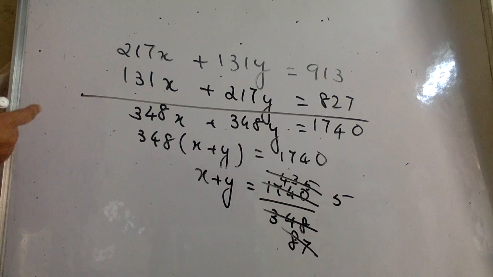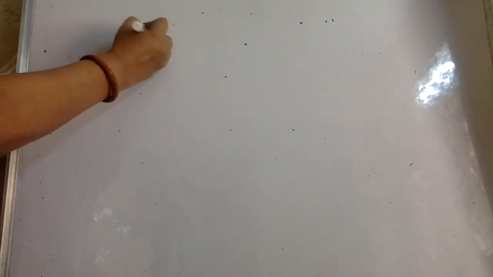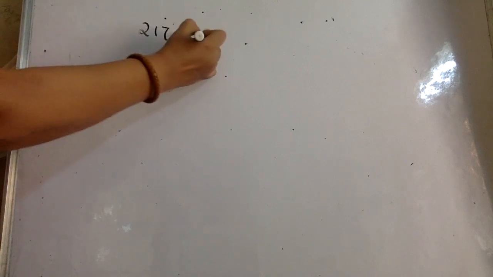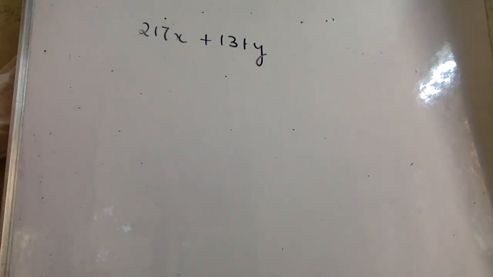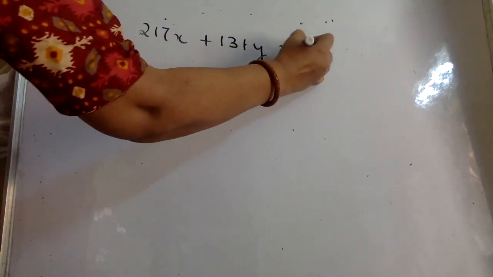Now when I subtract, what am I going to get? Let's see. So next is subtraction. Next is 217x plus 131y is equal to 913.